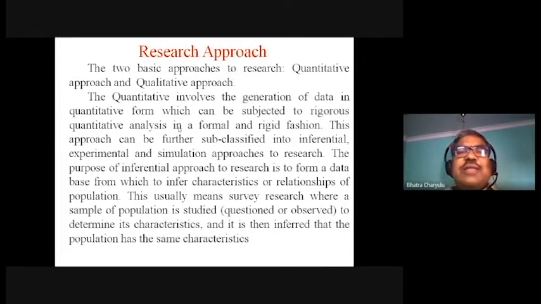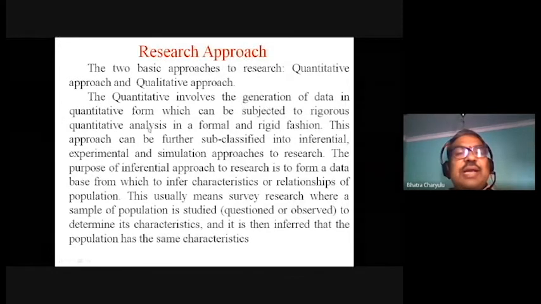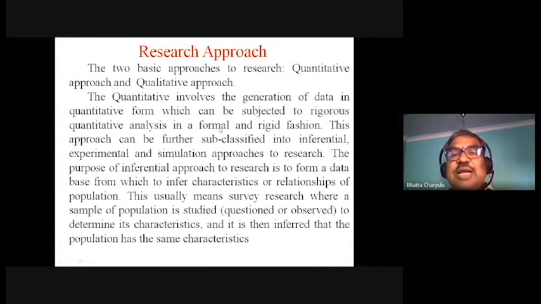So generally in the research approach we have two orientations: one is the quantitative approach and the other is the qualitative approach. The quantitative approach involves the generation of data in quantitative form, that means in terms of figures, which can be subjected to rigorous quantitative analysis in a formal and rigid fashion.